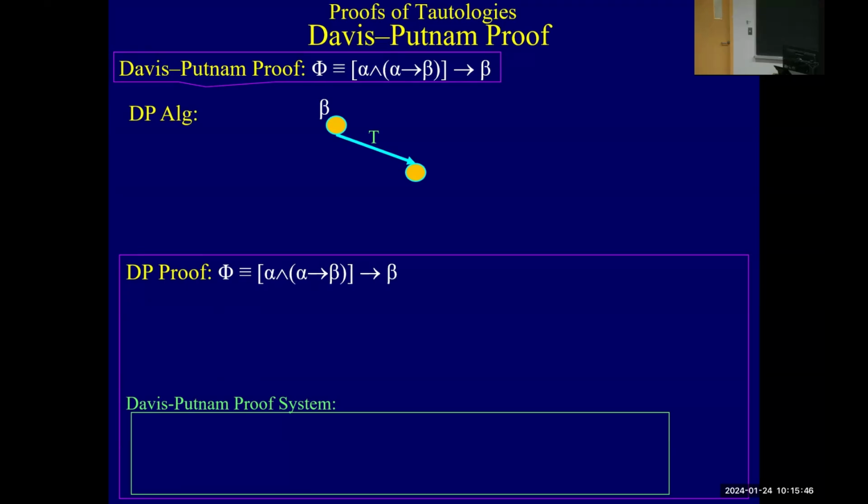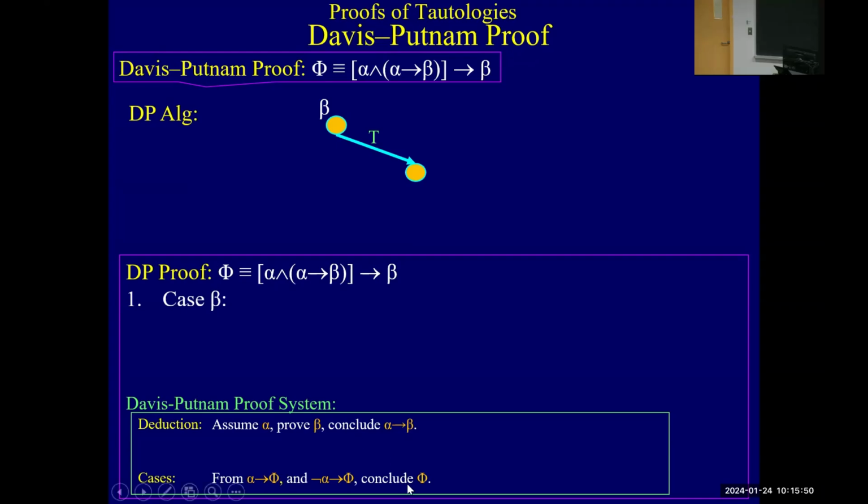So we could try setting it to true, and so then in our proof, well, our proof rules allow deduction. How do you prove alpha implies beta, right? You assume alpha and prove beta, and suppose we know how to do cases, right? So these are the 2 rules that we know how to do.